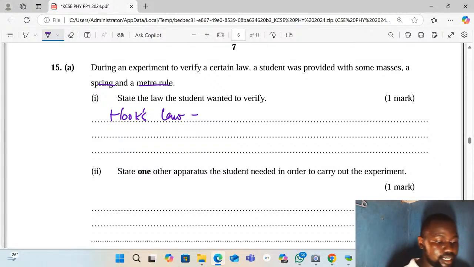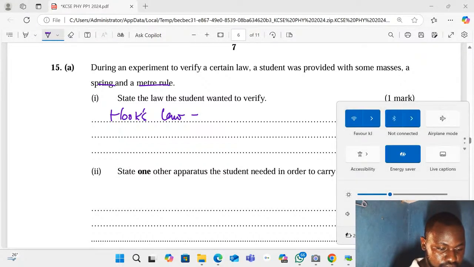And you understand that this one says that for a helical spring or any elastic material, the extension is directly proportional to the force acting, provided that the elastic limit is not reached. So you have that other method of writing it.